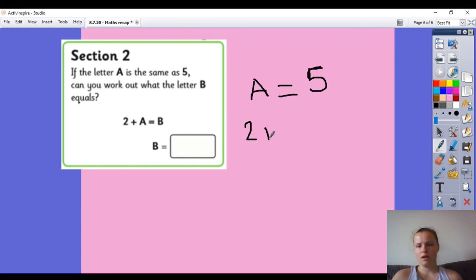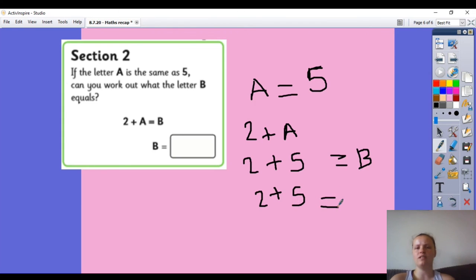So 2 add A is the same as 2 add 5 equals B. So 2 add 5 equals what? What's 5 add 2 or 2 add 5? 7. So B equals 7.